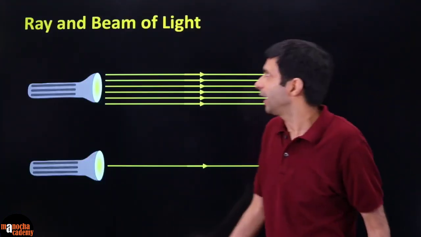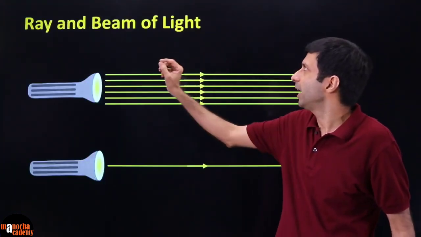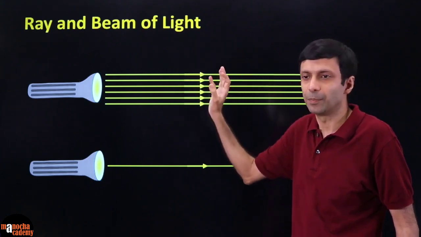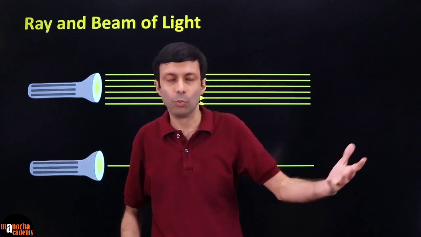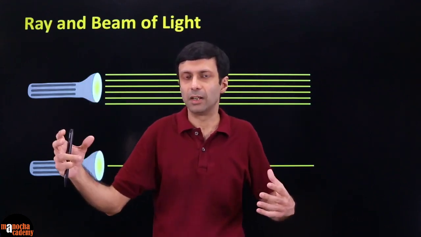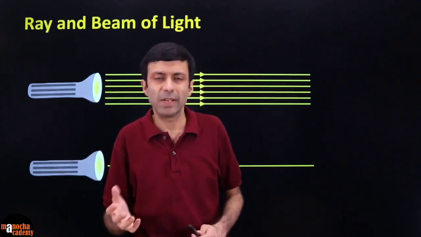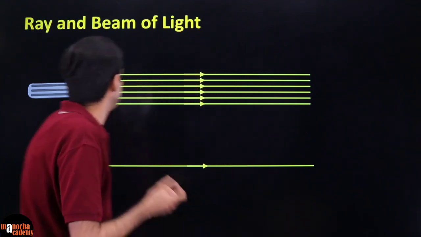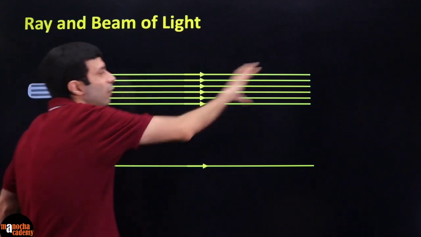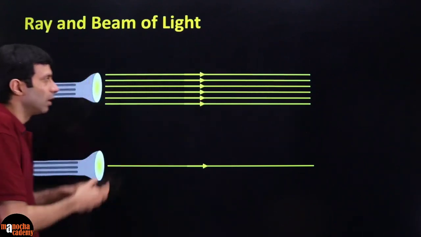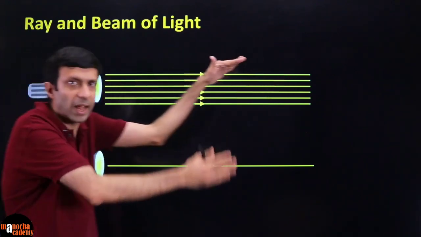So when we talk about light, let's understand this concept of ray and beam of light very clearly. Like you can see the light is switched on in your room, or if you take a lamp or a torch. So a simple example is, if you take a torch like this, have you guys seen this? You can see this kind of beam, this kind of layer of light.